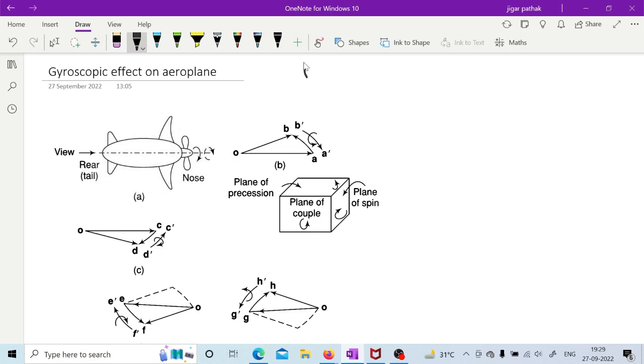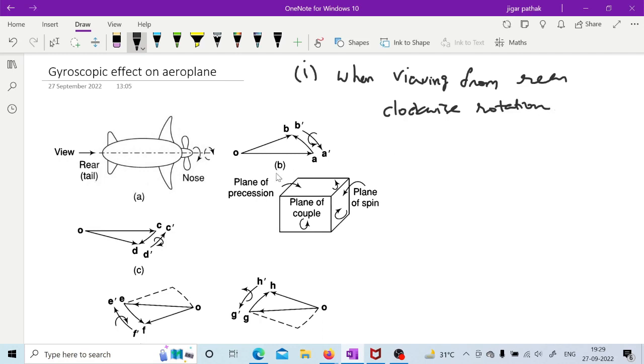The first case is when, viewing from the rear, this fan or rotating element is rotating clockwise. It is mentioned in figure B what is going to happen in this case, right? If you focus on figure B, you will have the angular velocity in this direction. As it is clockwise, you use the right hand rule, so it will be in this direction.